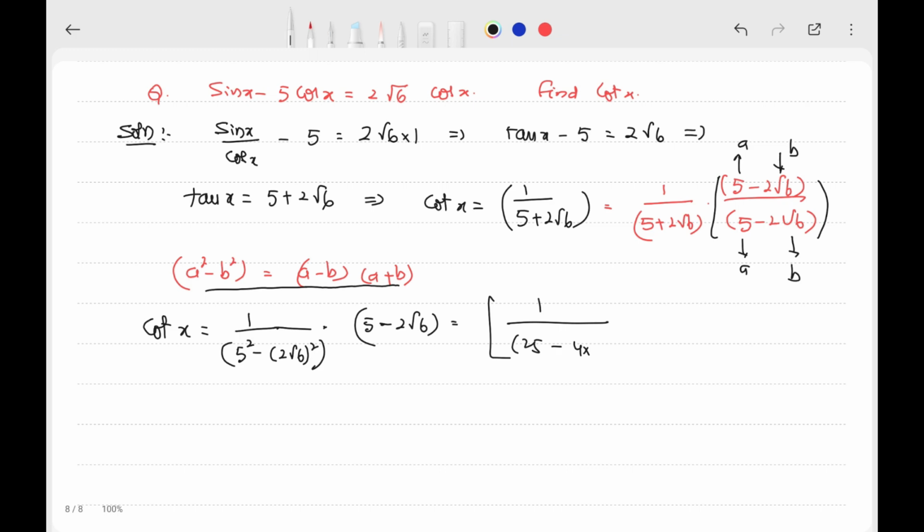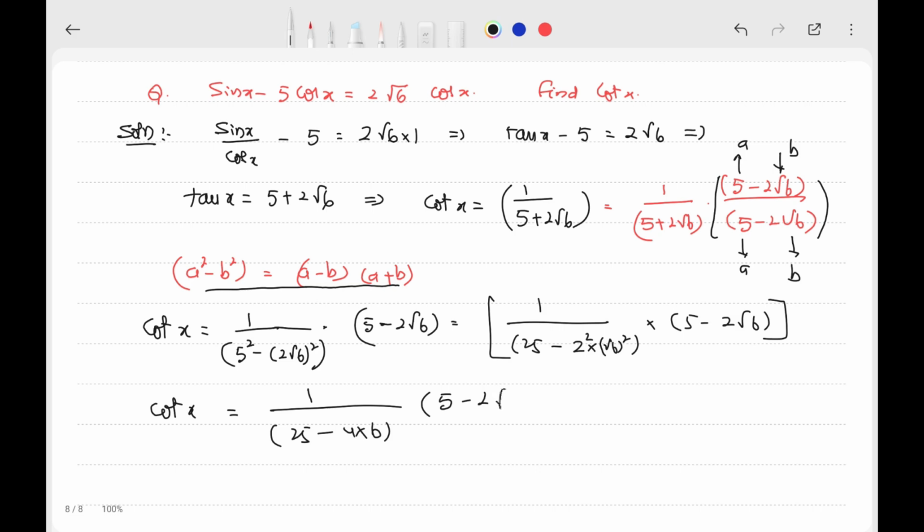This will be, for your clarity, I will write like this: 2 square into root 6 whole square into 5 minus 2 root 6. Cot x is equal to 1 by 25 minus 4 into 6 into 5 minus 2 root 6.